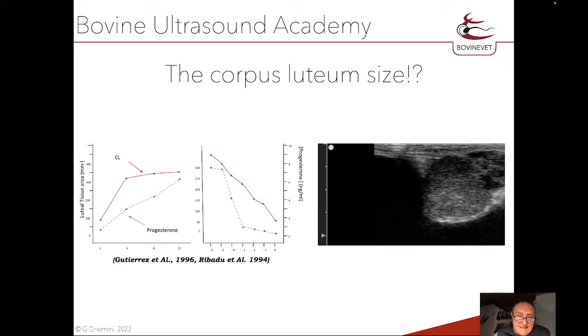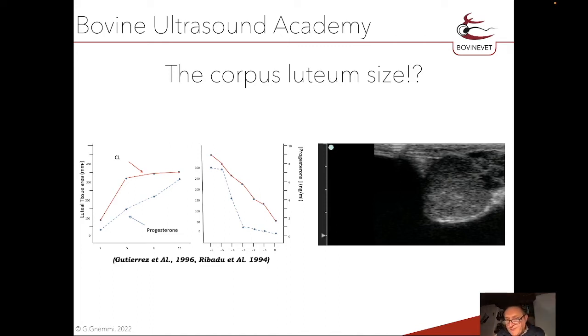Between day 10 and 14 of the cycle, the corpus luteum reaches its maximum size, actually growing very little, but the level of the progesterone produced is 7.58 nanograms per milliliter. In absence of gestation, or if the mom does not recognize the presence of the embryo in the uterus, luteolysis begins.